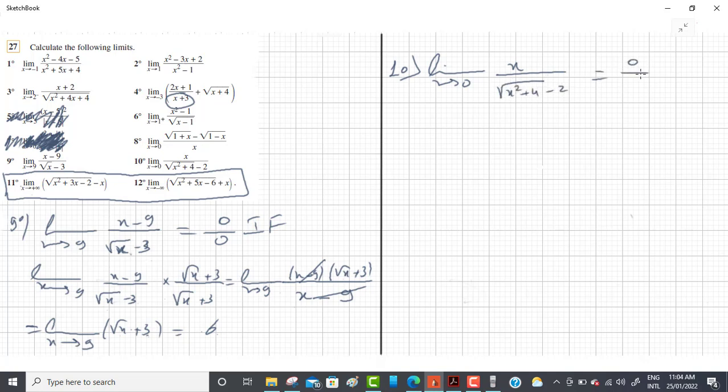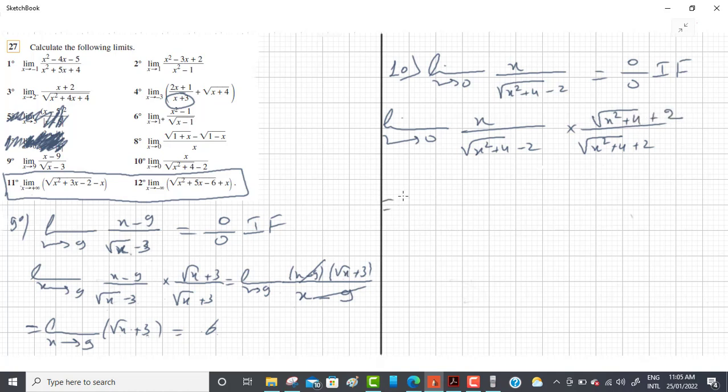Also it's 0 over 0. So I should multiply by its conjugate, the conjugate of the denominator in this case. Why the conjugate of the denominator? Because I have a radical in the denominator. Of course you have to change the sign of the operation between the two terms.